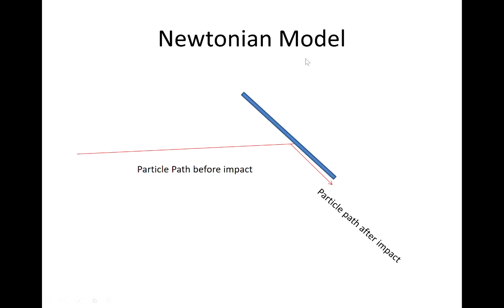Now the Newtonian model will say when a particle comes towards a body, when it hits the surface, it'll lose its normal component of velocity normal to the surface, but it'll keep the tangential component of velocity tangent to the surface, so it'll slide along this surface.